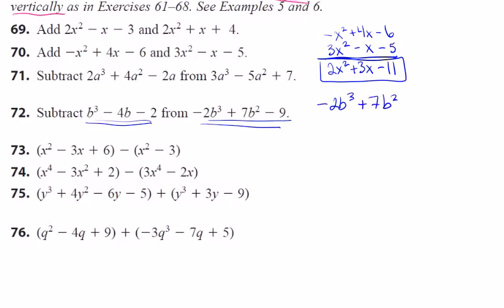Now notice how there's not a b to the first power, so I'm just going to leave that spot open. You actually could put plus 0b and then minus 9, right? So then for the second one, I'm going to put b cubed. Now this one doesn't have a b, this one doesn't have a b squared, right? So I'm going to put the 0b squared here. And you don't necessarily have to write that in, but it helps to show. You definitely want to line up your like terms, right?